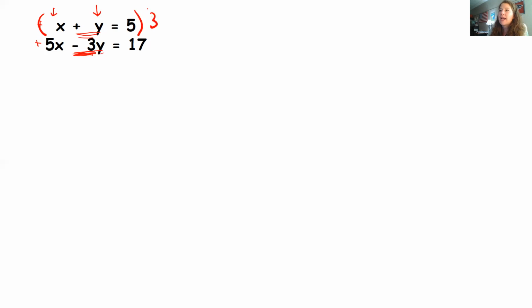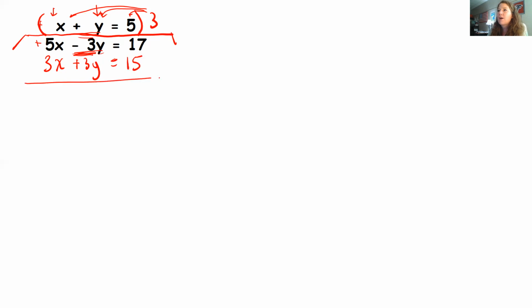We're going to multiply every single term by 3. So I'm going to leave that bottom equation the way it is. I like it. So I'm going to multiply 3 times x. I get positive 3x. 3 times y is positive 3y. That's what we wanted. And 3 times 5 is 15.